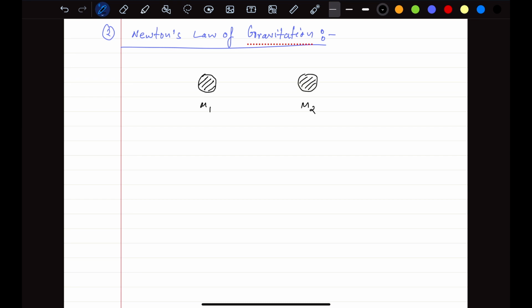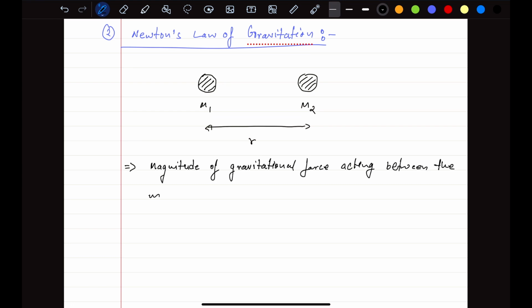The distance between them is r, and these are point masses. The first statement says that the magnitude of gravitational force acting between them is proportional to the product of masses.